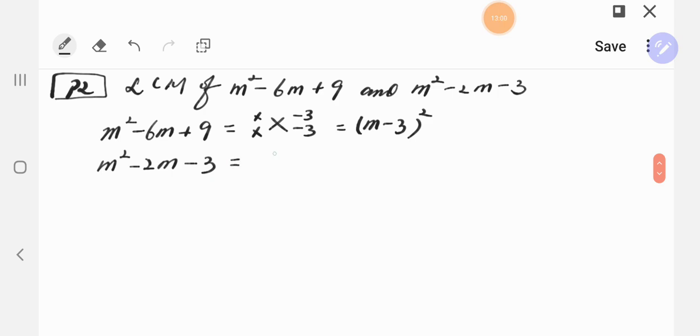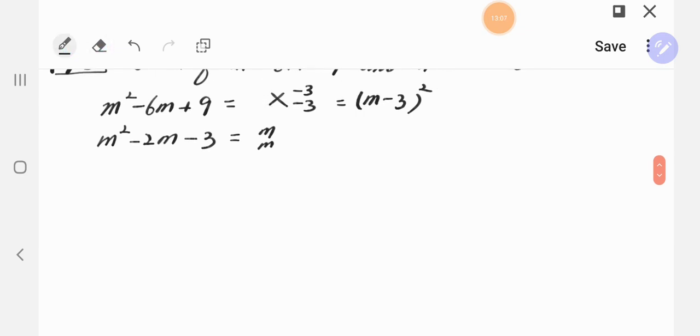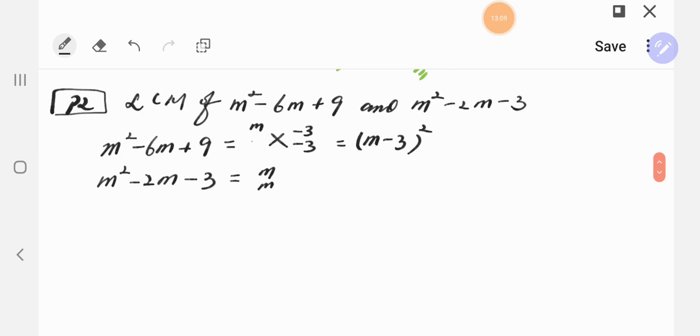And this one is m times m. Why did I use x? It's got to be m, right? m times m. Negative 3 is 1 times 3, and then put the negative sign on 3. So negative 3 plus 1 is negative 2. So this is equal to m plus 1 times m minus 3.